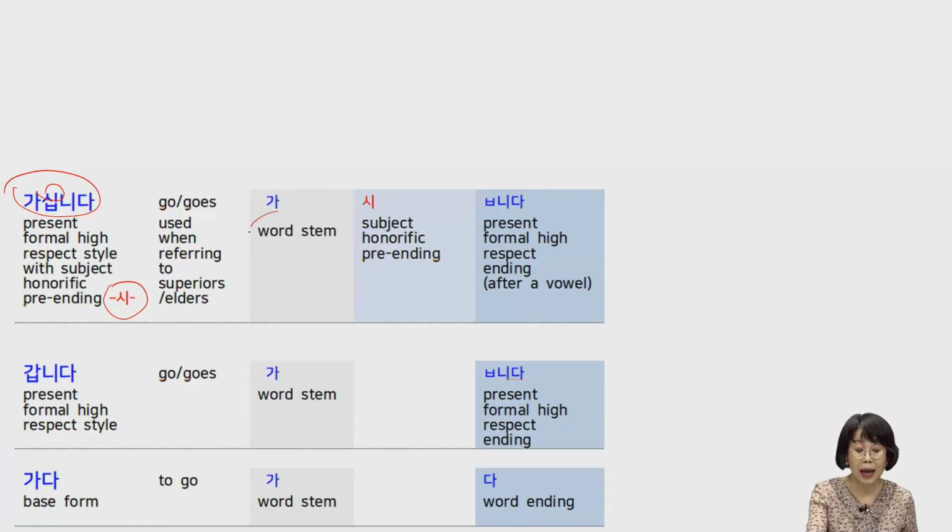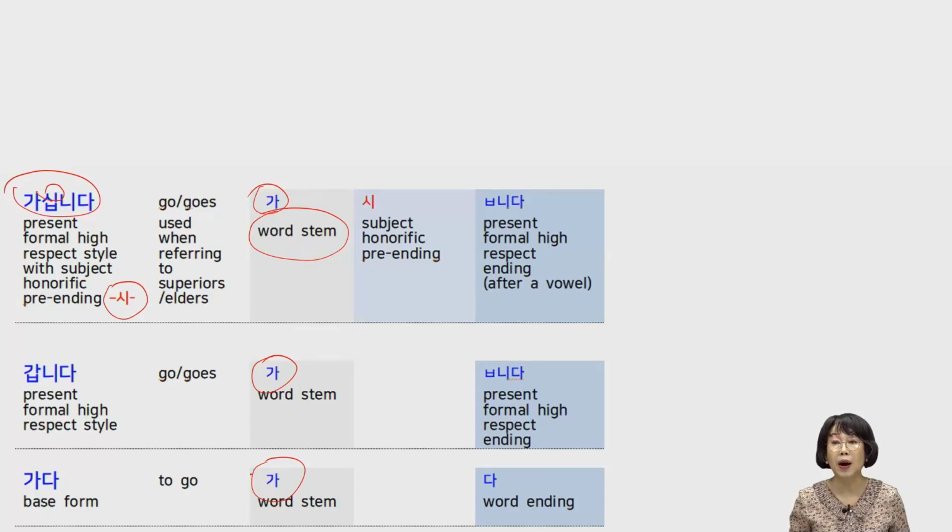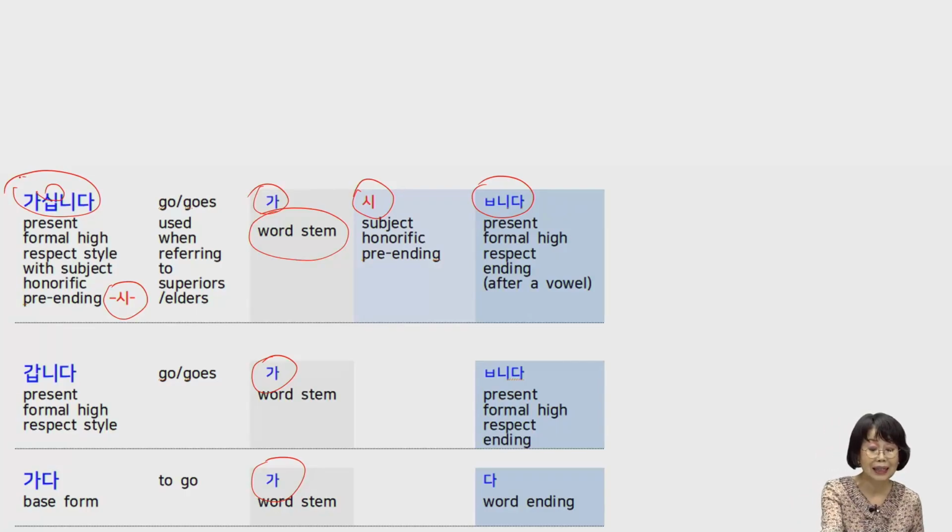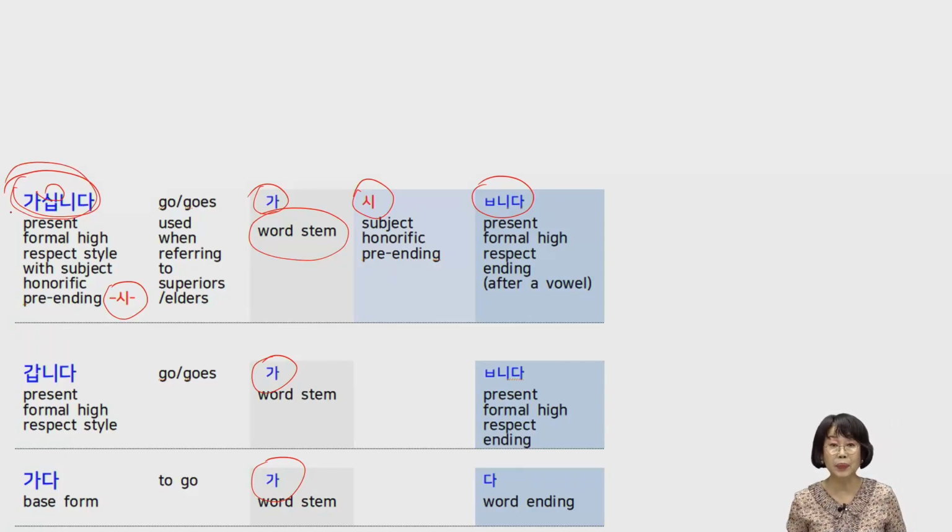Again, 가 is the word stem, the unchanged part. And 시, pre-ending honorific element. And 읍니다, the ending. So you can get 가십니다.